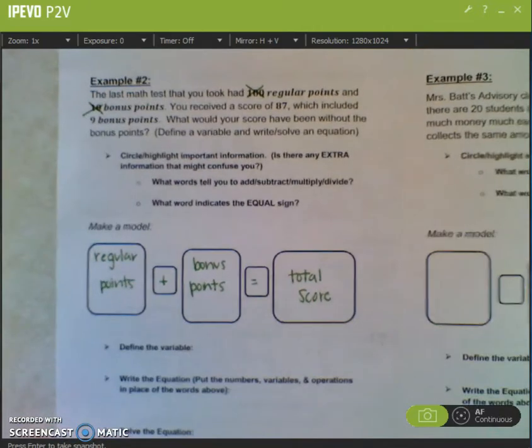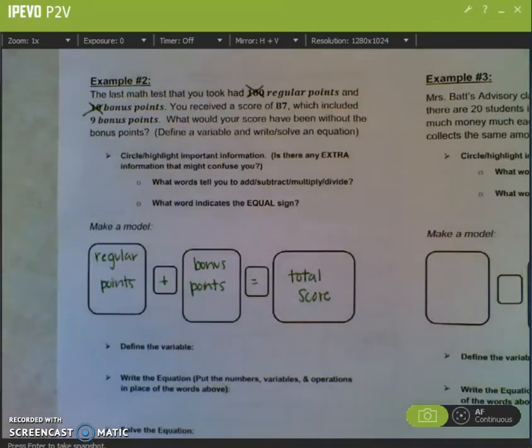So we're doing regular points plus bonus points equals my total score.